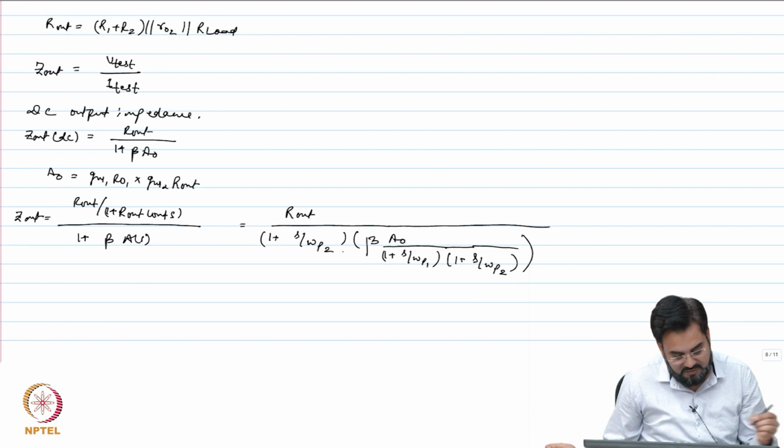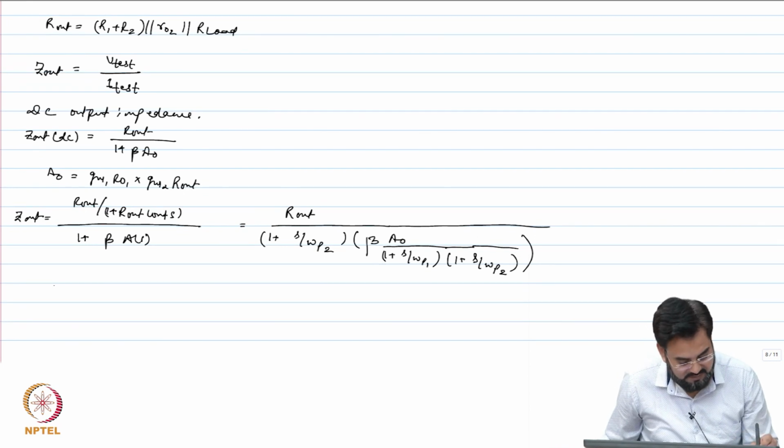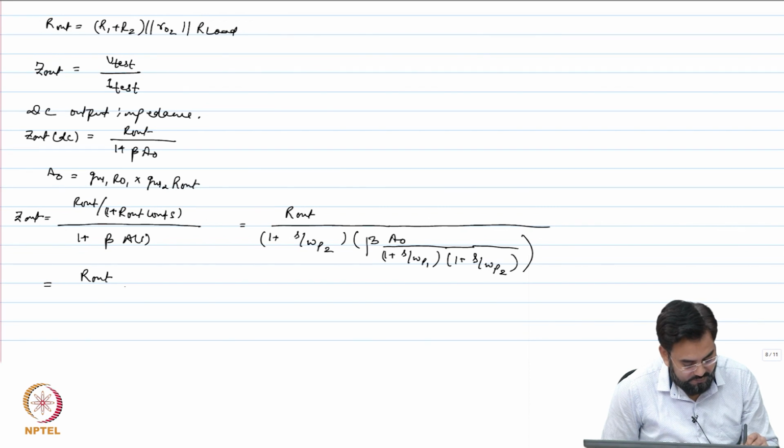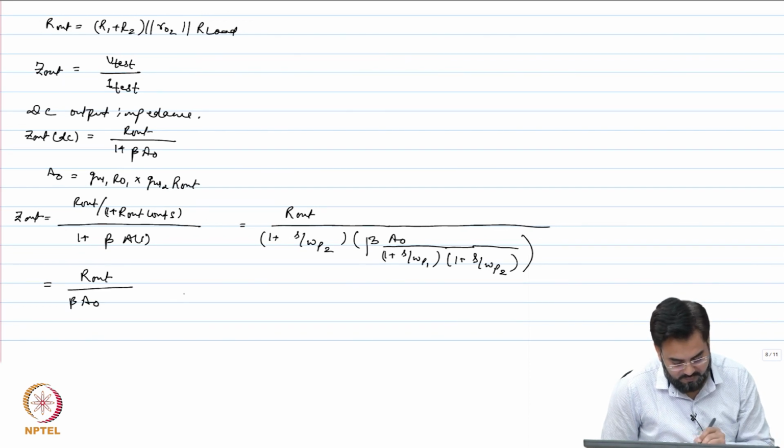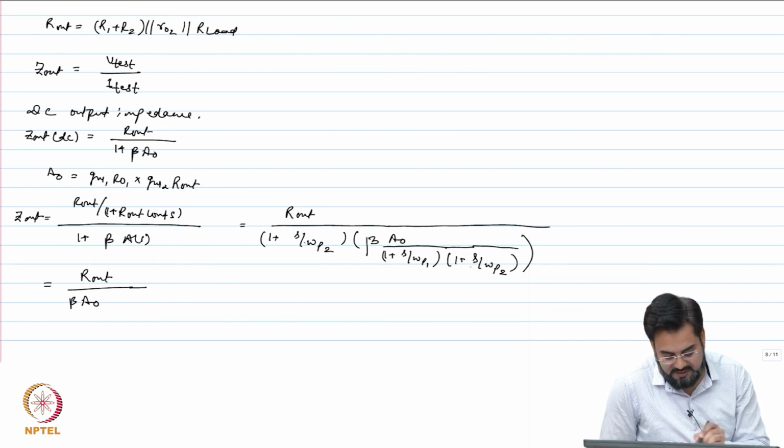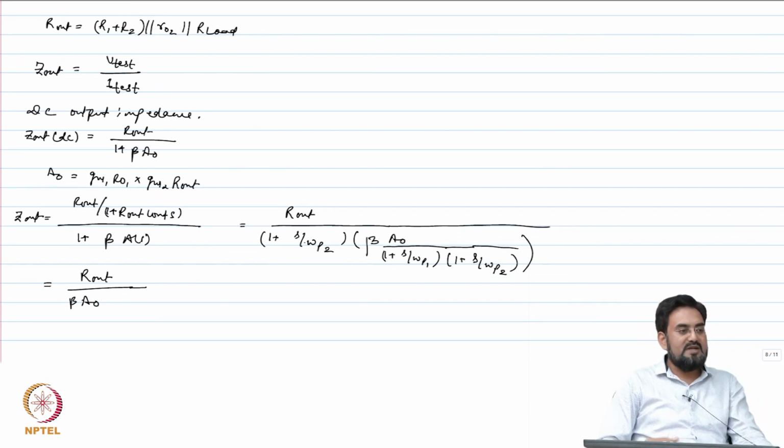So what will you get if you solve it? So this guy will cancel out, omega P1, omega P2.